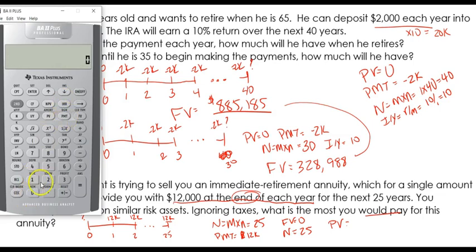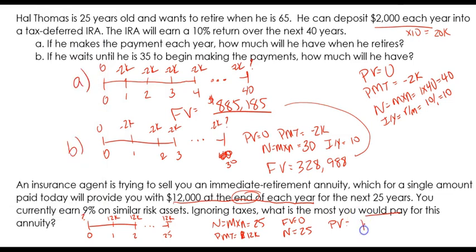And our future value is 0. Let's compute present value. And I got $117,871. $117,870.96. That'll come up as a negative sign because that's how much you'd be willing to pay for this.